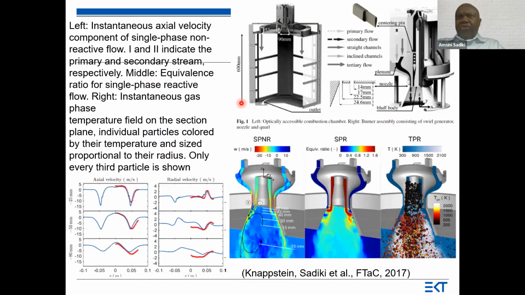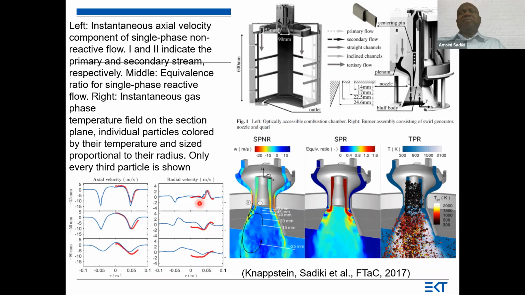Now we have different results here with the particle, without the particle, and here only the flow field. And we see that we were able to track the particle and get the temperature evolution, and to obtain this result as we see here.